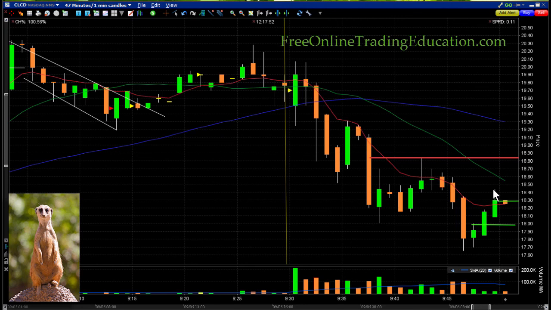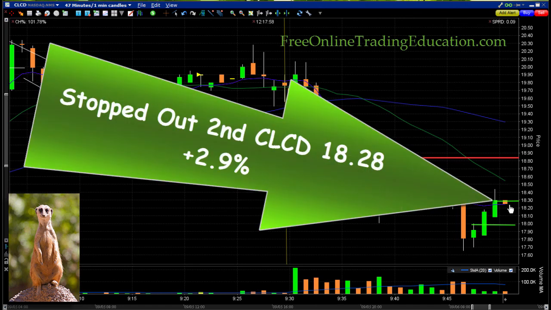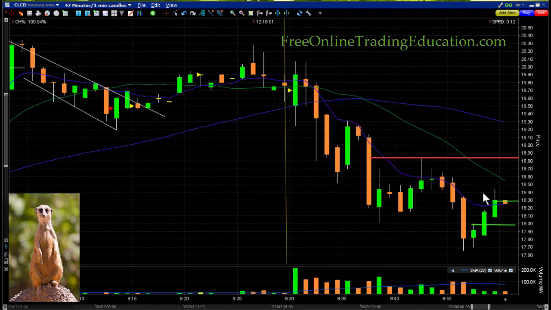It went all the way up here to 1845, but it did stop me out on the second half at 1828 for 2.9%. So let's take a look at this total trade. It was a quickie. It was a bear pullback, came down here, and it was floating, and it did another mini bear pullback when it fell below $18.